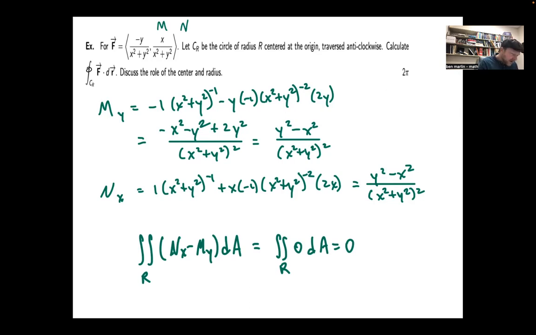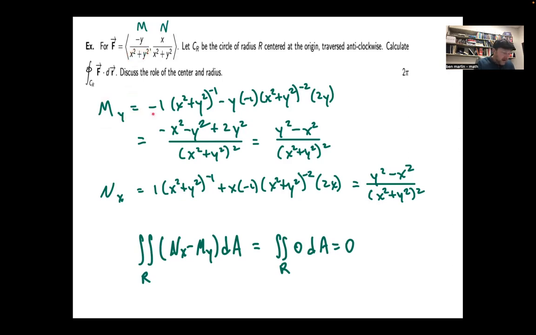So we've got our M and our N, and I scooted them off sideways a little bit there. We can go ahead and calculate the M sub y. When we do that, I just thought about it as minus y times this stuff to the -1 power, because I hate the quotient rule.